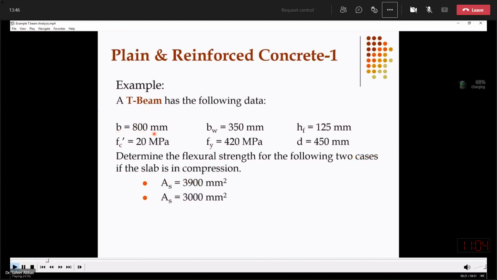B is 800 millimeter, BW is 300 millimeter, HF is 125 millimeter, fc' is 20 megapascal, fy is 420 megapascal, and d is 420 millimeter. Determine the flexural strength for the following two cases if the slab is in compression. Case one, area of steel is 3900 millimeter square, and case two, area of steel is 3000 millimeter square.